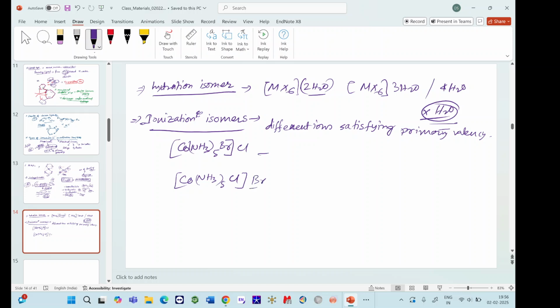And you have here. So in that case, you have different atoms or ions satisfying your primary valency, right? So from here you will get only this Cl minus plus the complex. Here we will get the Br minus plus the complex. But other things will be the same. Your molecular formula as well as the charge on the metal ion will be the same. Okay, this is called ionization isomerism.